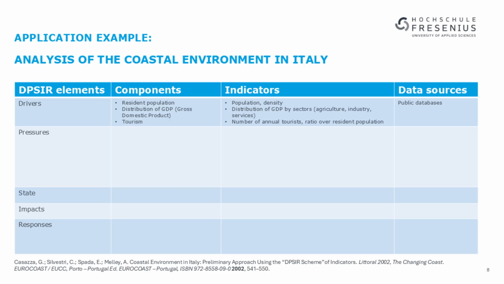As drivers, we have resident population, distribution of GDP, and tourism. Then we are looking for measurable indicators for those components. For the resident population, this can be the population itself or the density of the population. As for tourism, for example, the number of annual tourists or the ratio of a resident population.